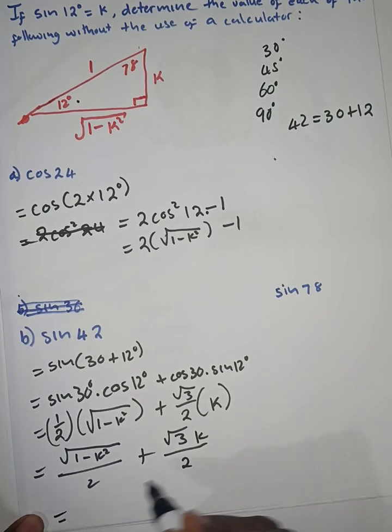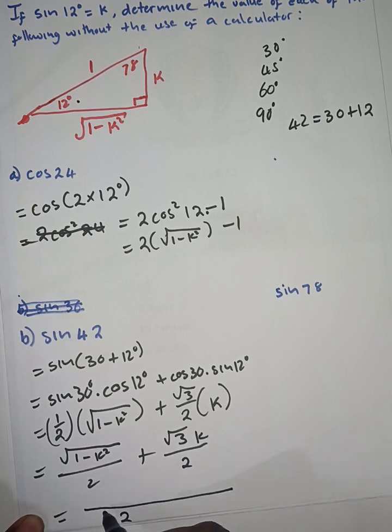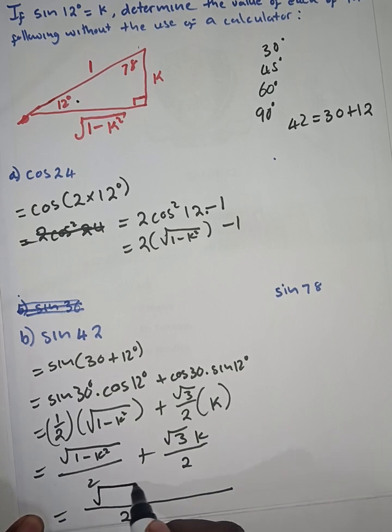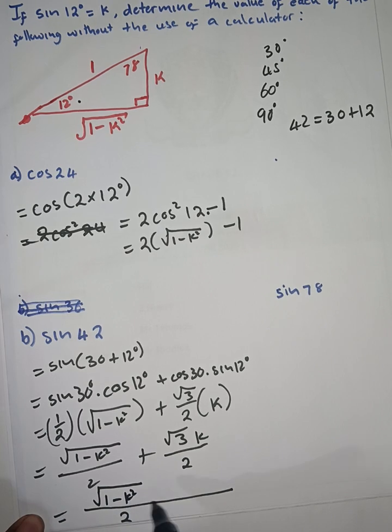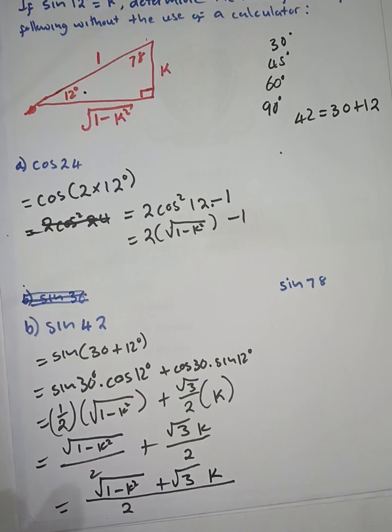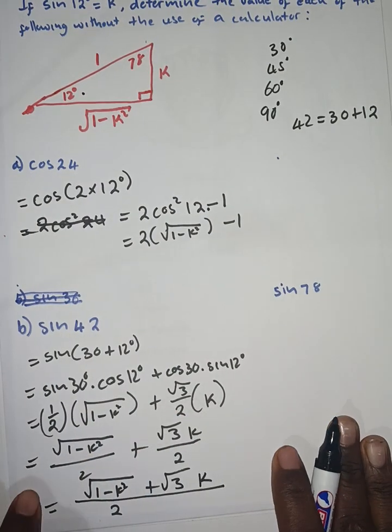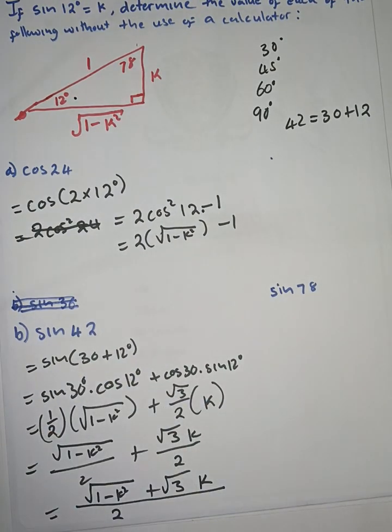If you add those up together, you have 2 as the denominator, because it is the same. So you would have root 1 minus k squared plus root 3 k, all over 2. So this would be the value for sine of 42 in terms of k.